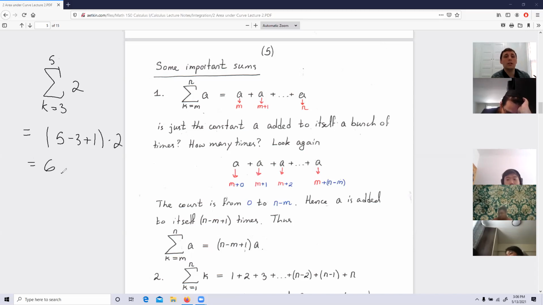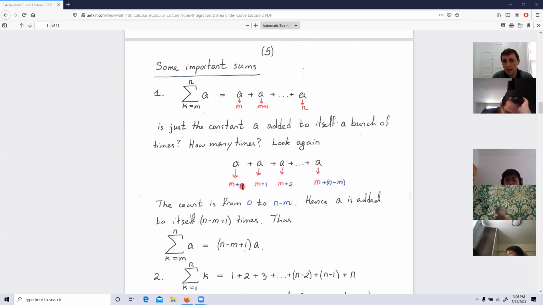How do I know you get the number 6? In general, when I do the summation process, you see it here, I look at what I'm adding to m. Here I need to add 0 to m, here I need to add 1 to m, 2 to m, and to get to n, I need to add n minus m.